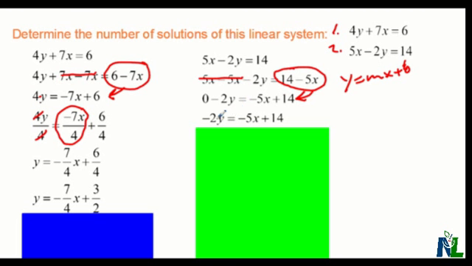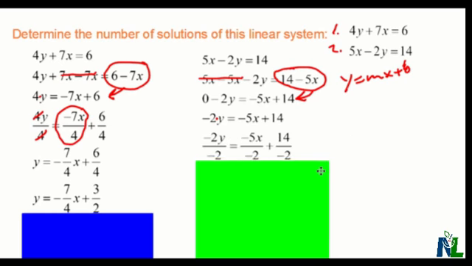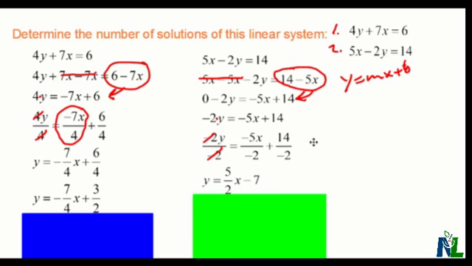That negative 2y means negative 2 times y. So to get y by itself, I've got to divide the left-hand side by negative 2. But because I divide the left-hand side by negative 2, I must also divide both pieces on the right-hand side by negative 2. Negative 2 divided by negative 2 is 1, and 1 times y is going to leave me with y on the left-hand side. On the right-hand side, this piece, negative 5x over negative 2, becomes 5 over 2x.